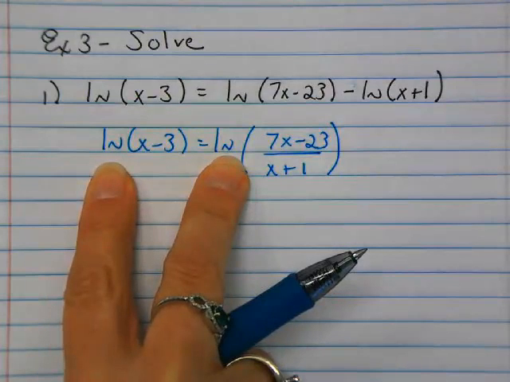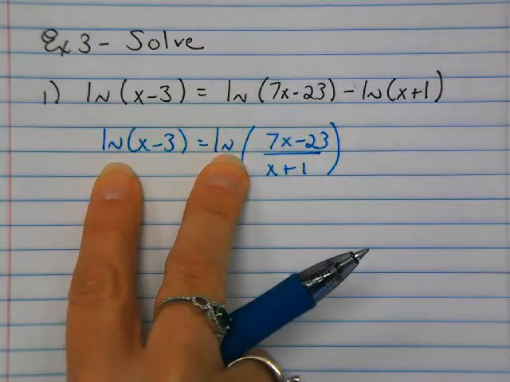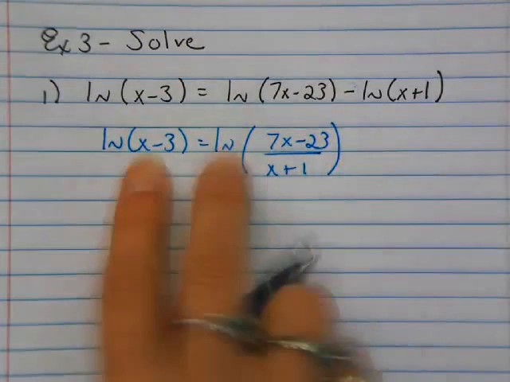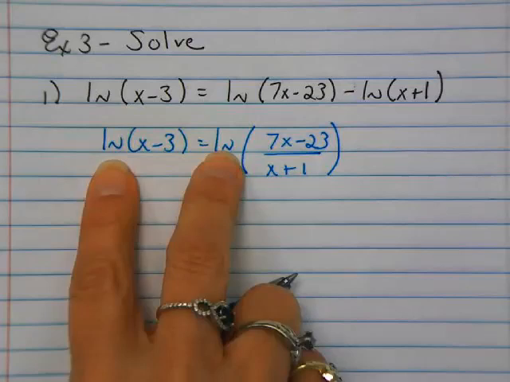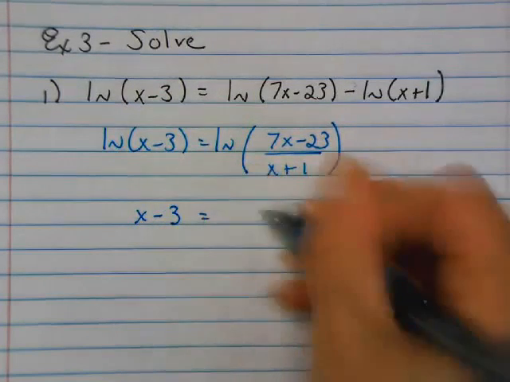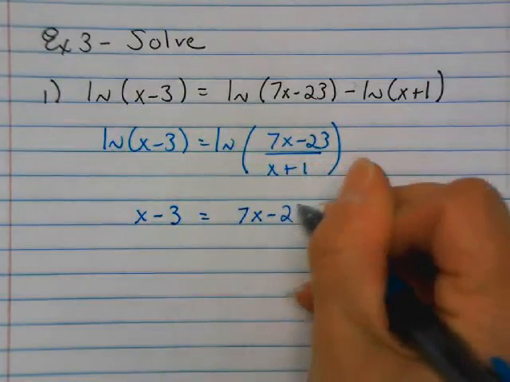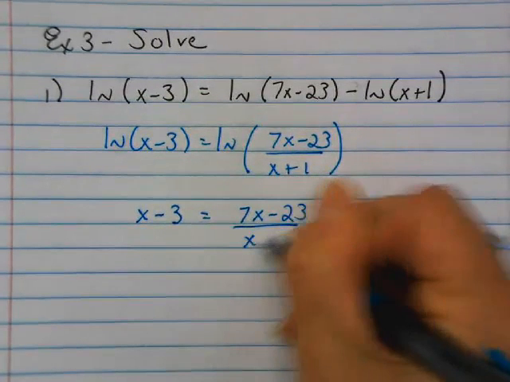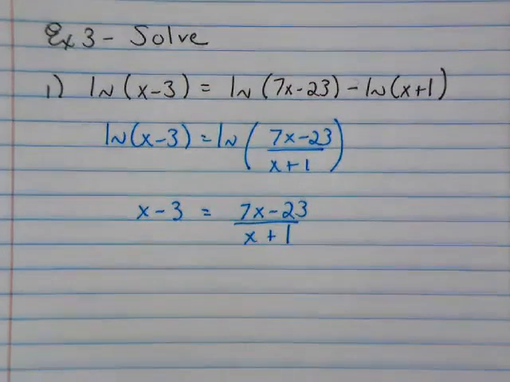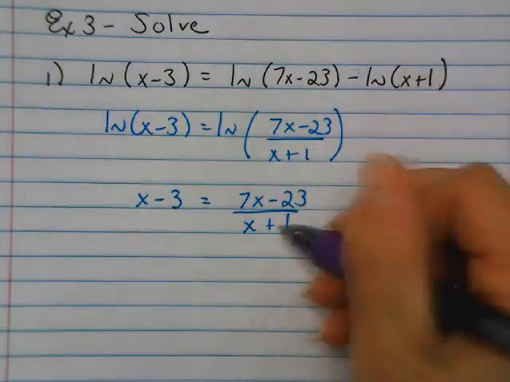So since they're the same, they're gone, and I have x minus 3 is equal to 7x minus 23 over x plus 1. Alright, to solve this one, we're going to multiply each side by this x plus 1. So these go away, and I'm left with 7x minus 23.